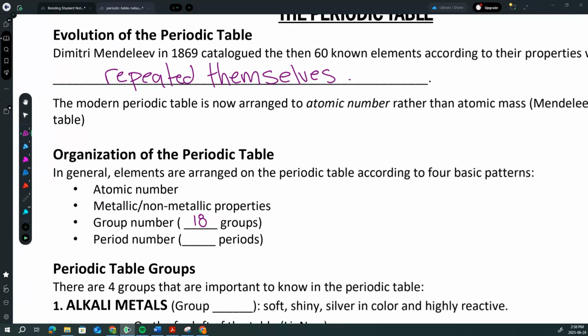The periodic table is also organized into rows, which are called periods, and in total there are 7 periods. So just as a reminder, the groups, those are the vertical columns. And the periods are the horizontal rows.